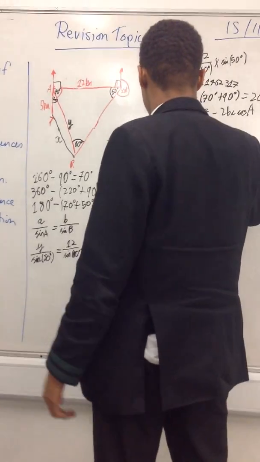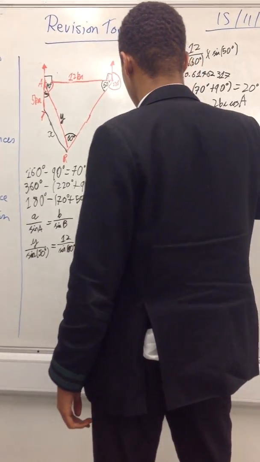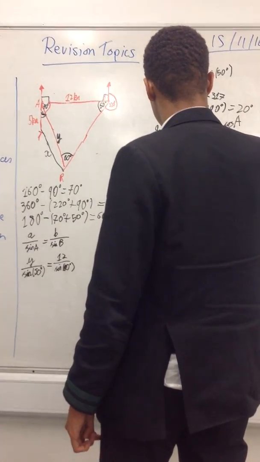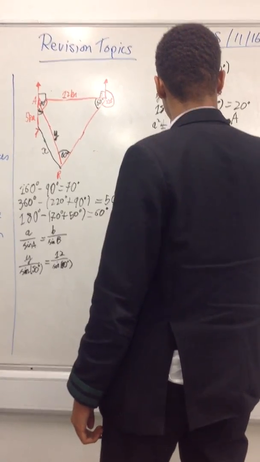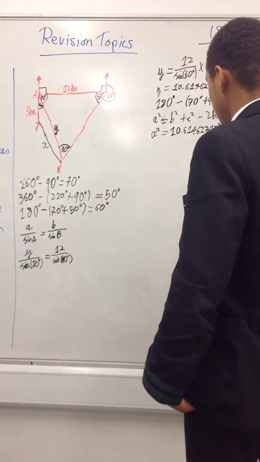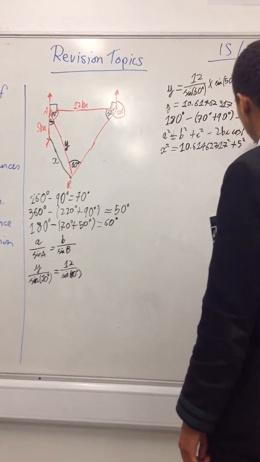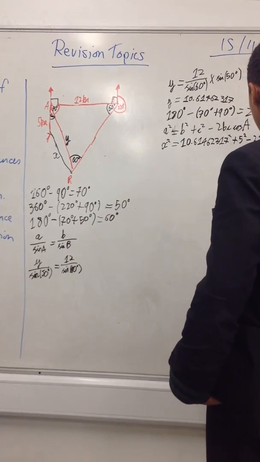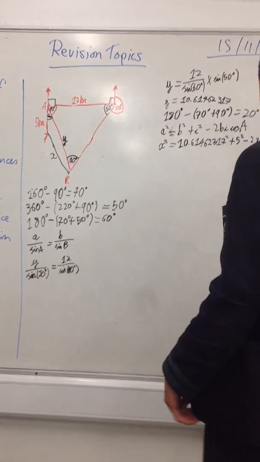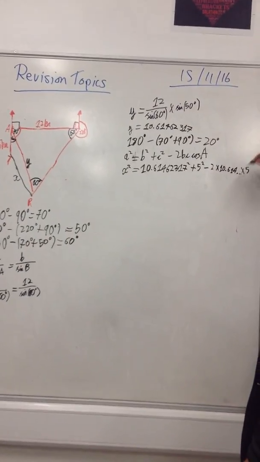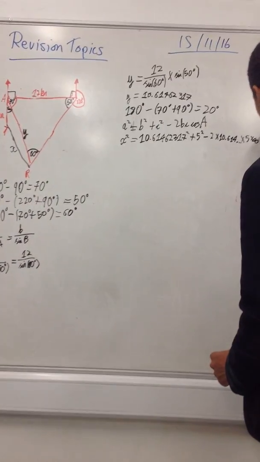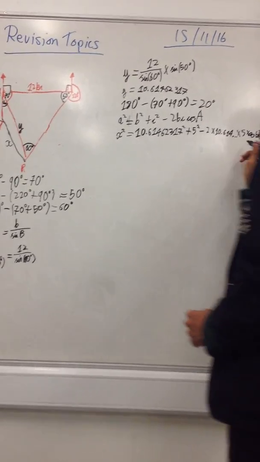So we've got x, we'll call it x squared now because that's what we call the line, equals 10.614623117 squared plus 5 squared minus 2 times 10.614, etc., times 5 times cos 20. That's 20 there.